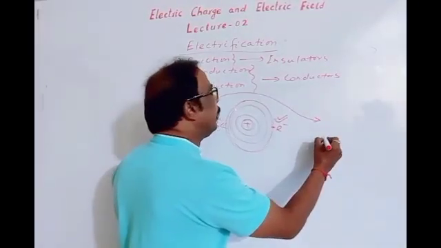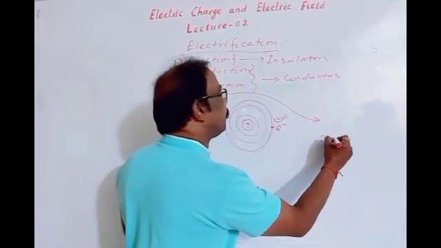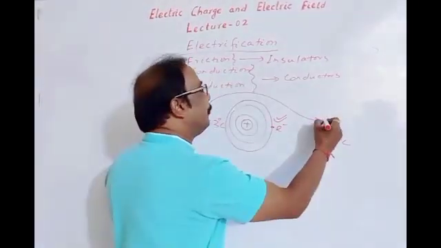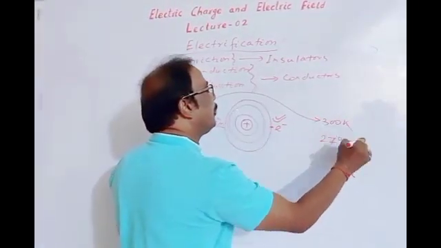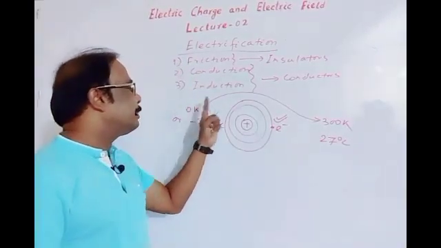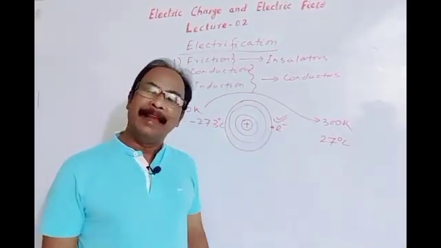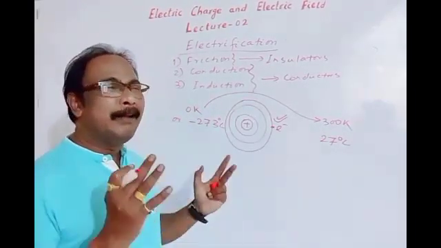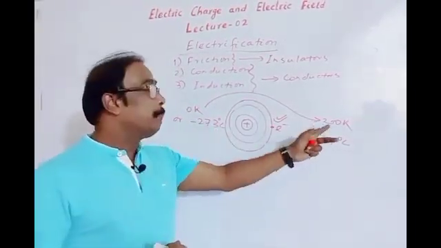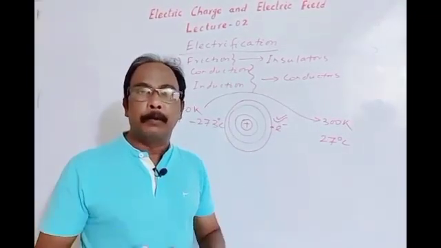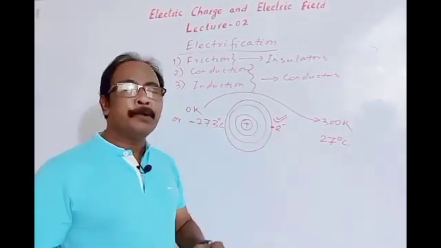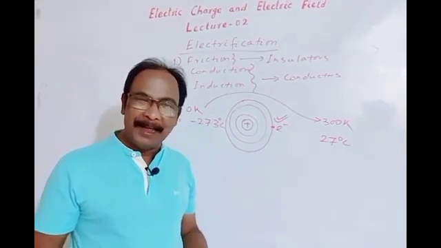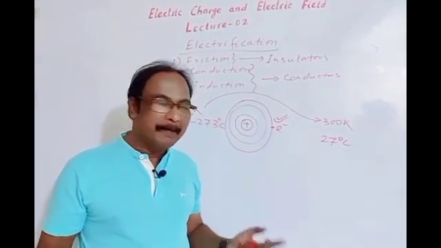We consider room temperature to be 27 degrees centigrade, which in Kelvin becomes 300 Kelvin. So the temperature rises from 0 Kelvin to 300 Kelvin. When temperature increases, even at normal room temperature, electrons acquire a sufficient amount of thermal energy due to the increase in temperature.